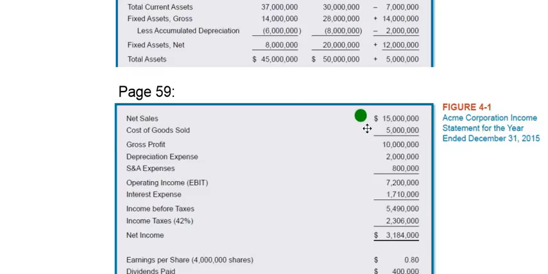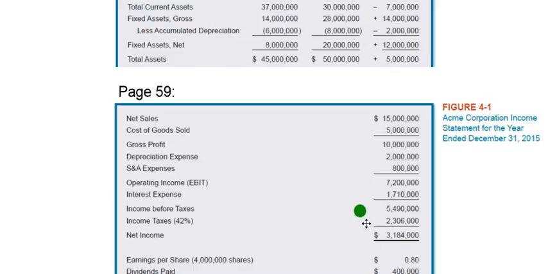So we start with a total net sales or total revenue of 15 million, and then after we subtract out all of our expenses and taxes, we get down to a net income of just over 3 million.